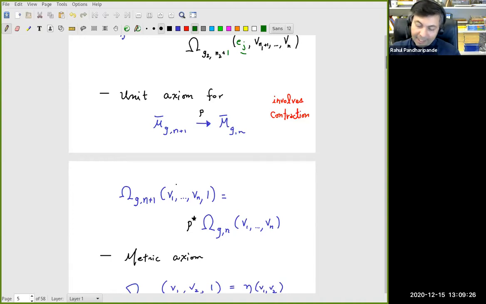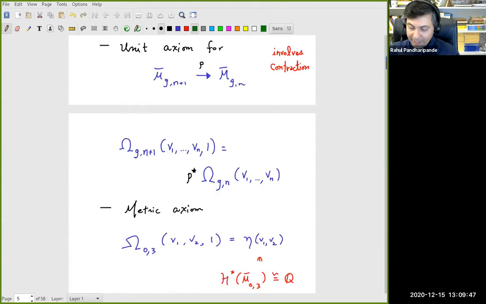And that's the same thing as the value of the CohFT on the space with more points, where you put a 1 there. That's the unit axiom. And the thing that's a little tricky about this is that it involves contraction. With Deligne-Mumford stable curves, one plays with contraction all the time, but when we go to Artin stacks and things like this, contraction becomes more problematic.